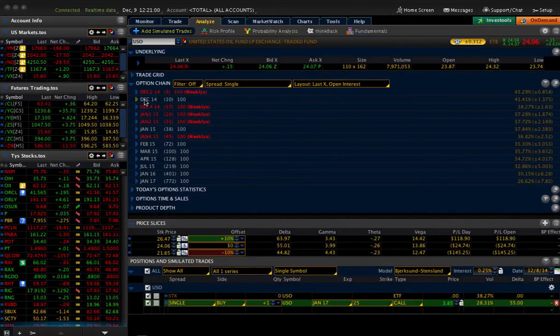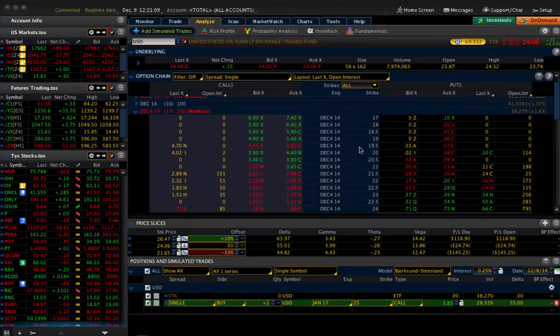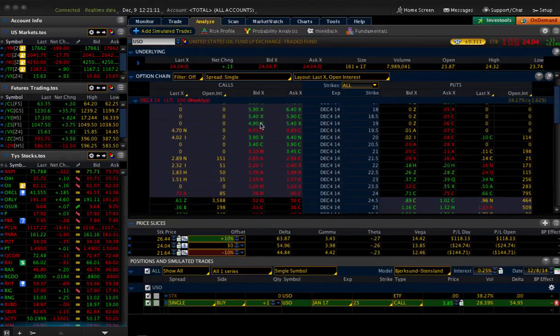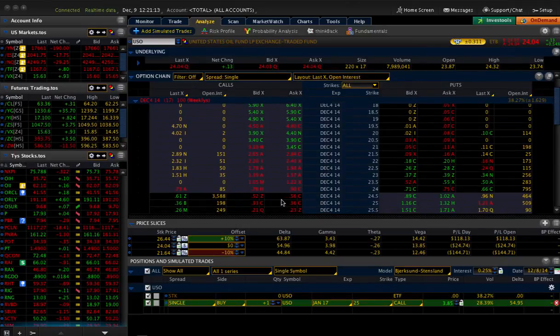If I expand the December weeklies, this is actually the December 4 weeklies, so these expire in 17 days. I'm just poking around with you. I'm doing this all live. You can sell the December 4 weeklies. These options expire in the last week in December, because they're in red. The weekly options are actually relatively new to the market.